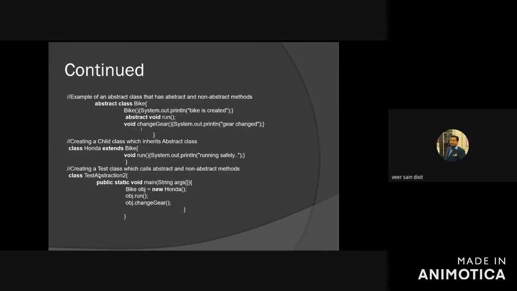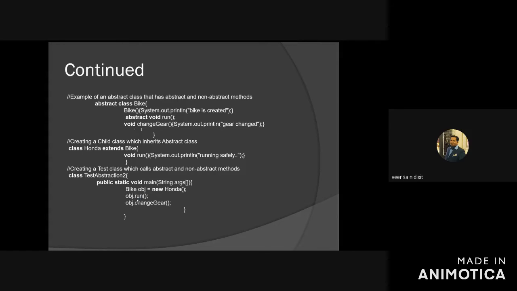Now you have created a class which is calling the abstract and non-abstract methods. So in the main function you have created an abstract class object of type Bike, new Honda. It means that you are storing the reference of the Honda subclass into this obj.